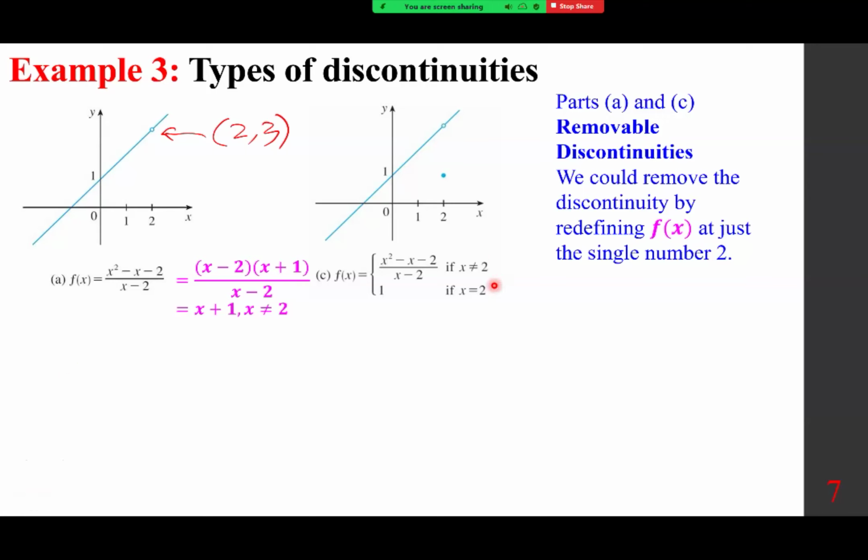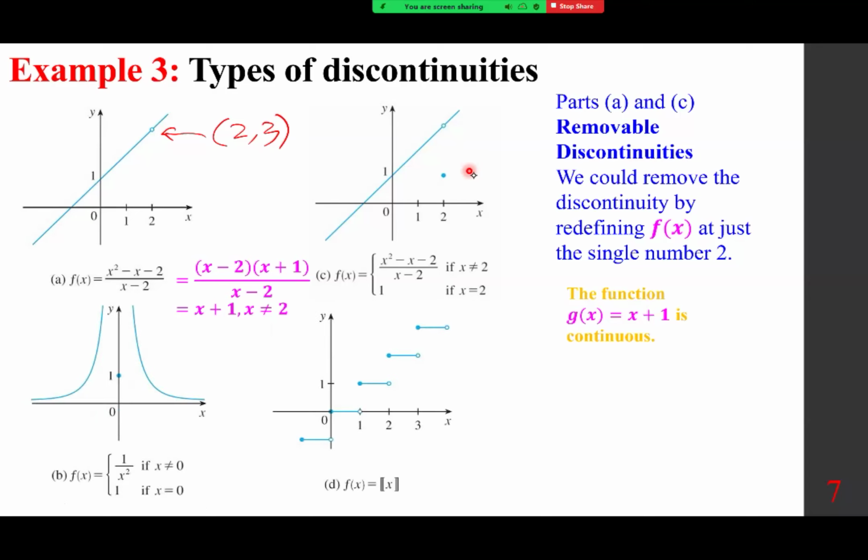Whereas this is defined at x equal to 1, so you have to redefine it as 3 to fix it, removal. So the function g of x equals x plus 1 is continuous because this is just a linear function. So the line with no hole, that's what it is. But these are the discontinuities as a result of being a rational function where they are not defined at x equals 2 in this case, and in this case at x equals 2 has a different value.